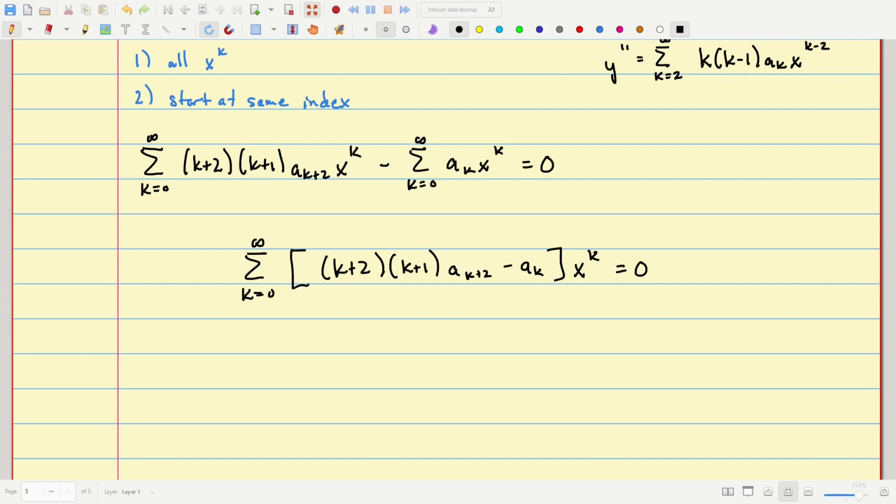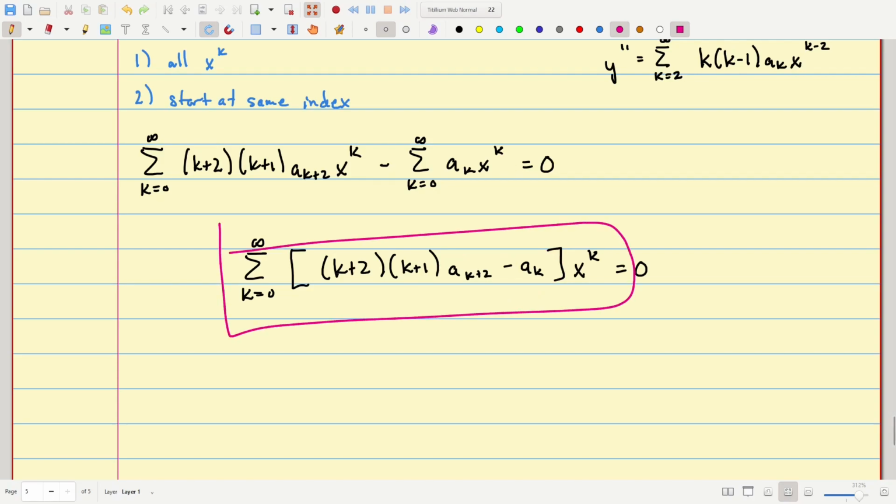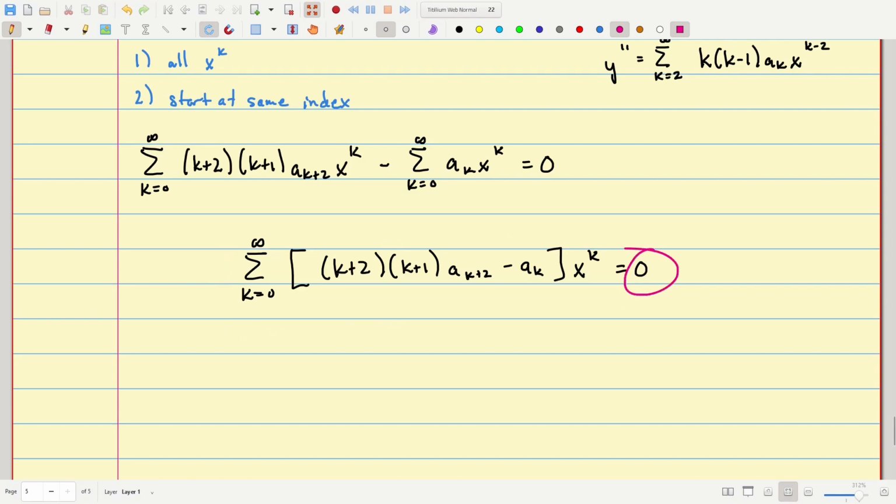Now, the next step is to try to figure out what the values for these coefficients are, because that's going to tell us what the series looks like. This thing is a polynomial, and this equal sign says that the polynomial is equal to 0. When is a polynomial equal to 0?